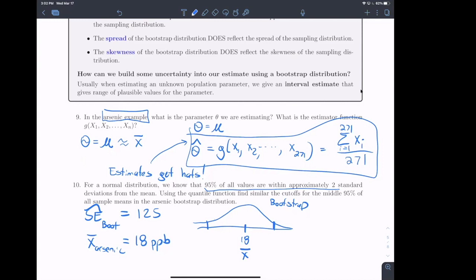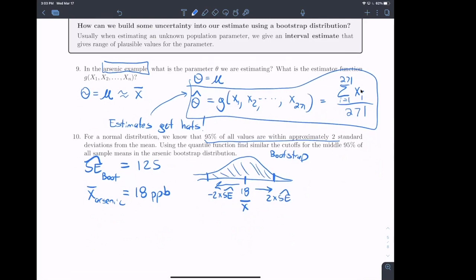So what this is telling me is if I go 2 times the standard error above, 2 times the standard error below, that's one way that I can find out what are the range of values that 95% of my samples are sitting between.